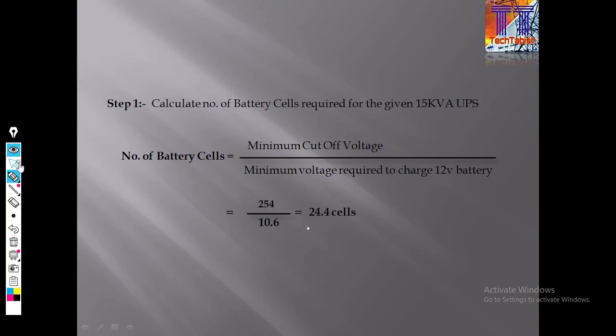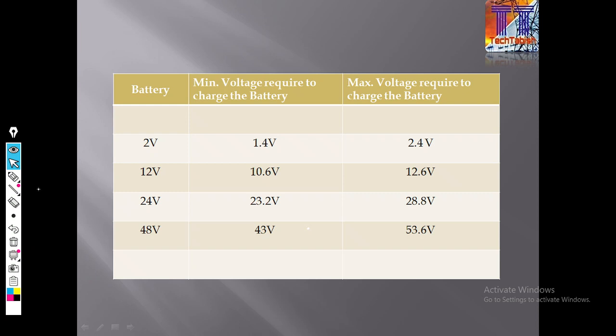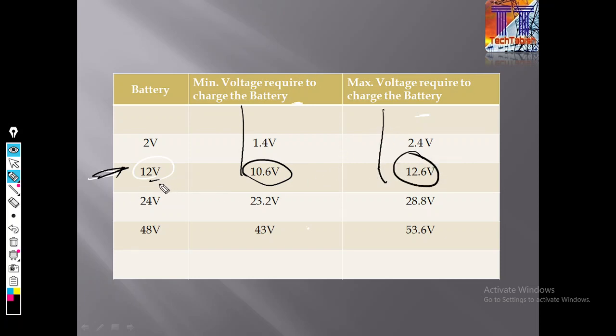If you see this slide, for a 12 volt battery, because we have taken a 12 volt battery here, the minimum voltage requirement is 10.6 volt and the maximum is 12.6 volt.